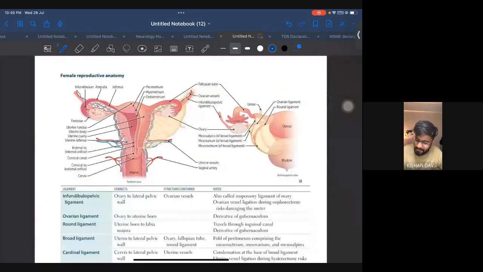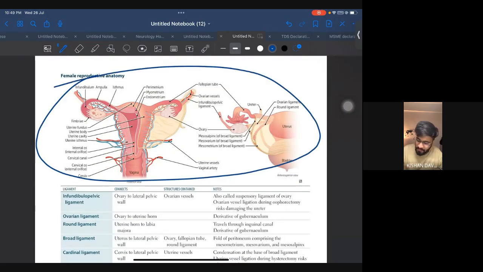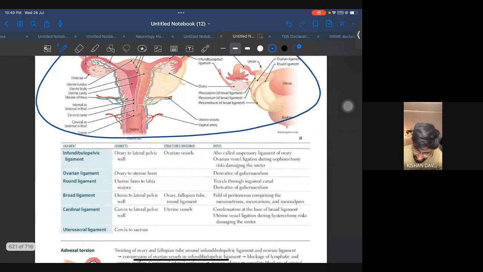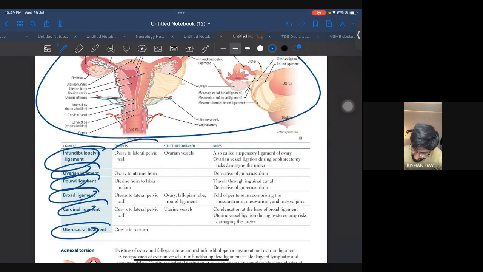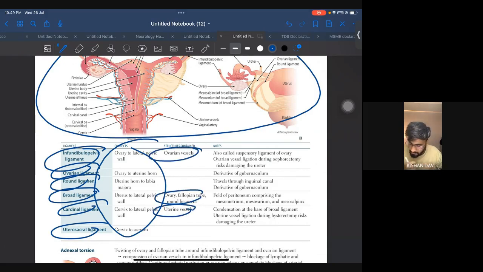Female reproductive anatomy, you can actually avoid this. What you need to remember here is the ligaments. Remember the ligaments, remember the connections, and remember the vessels. Vessels are very important because they will be asking you about ligation and bleeding. For example, if it is the infundibulopelvic ligament, then it carries the ovarian vessels.